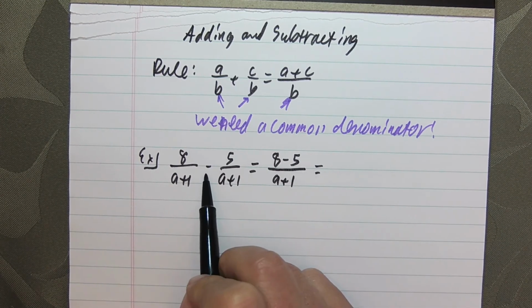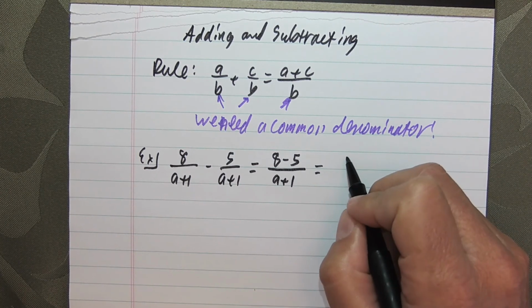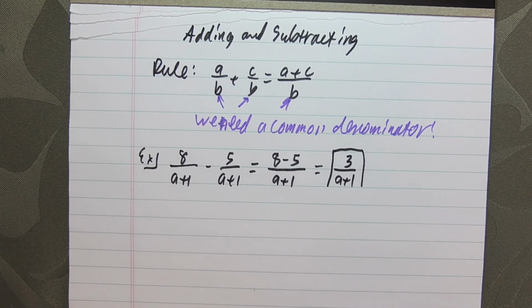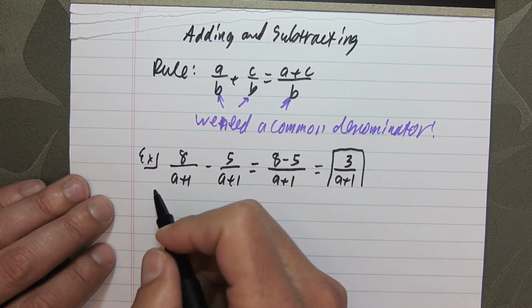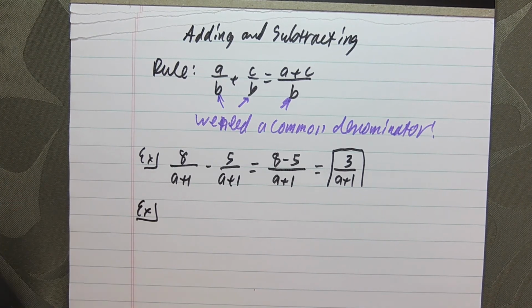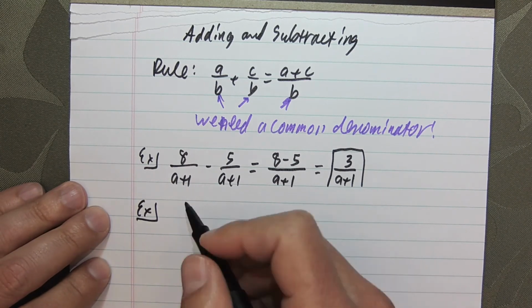I want to caution you guys with the minus here. That often means you have to distribute a negative. It doesn't in this case, but it will often mean that. Let me know when you guys are done copying that down. Okay. Dan, you're good? How about you, Scott? Good. Okay. So this next one's going to be a little tricky.